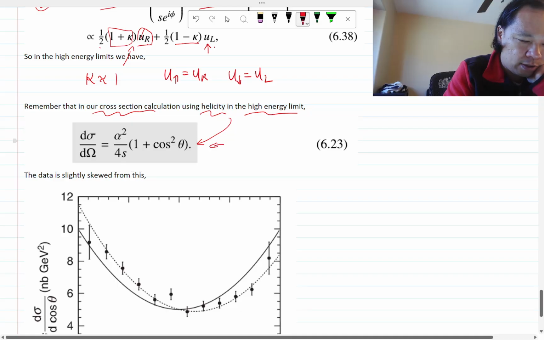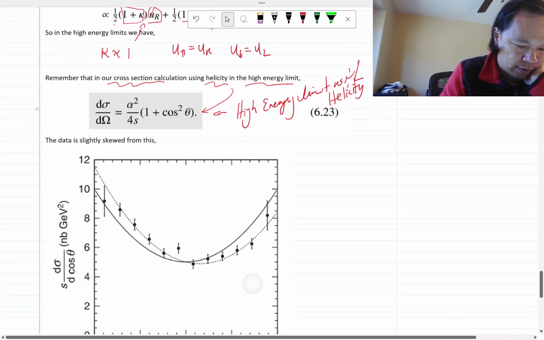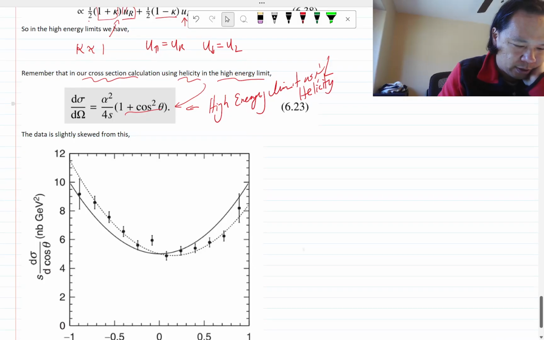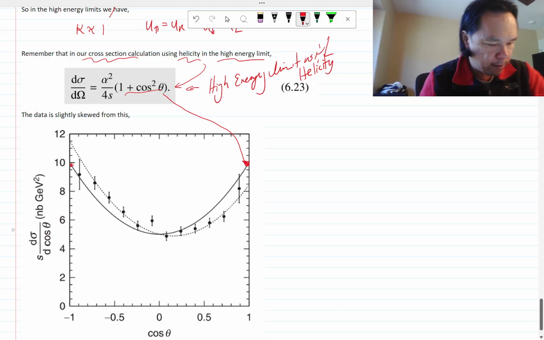This is using the high energy limit with helicity. Okay. In this calculation, we found that it's this 1 plus cosine square. That's actually this solid line here. Okay. Remember, notice that they both get to the same spot at both ends.